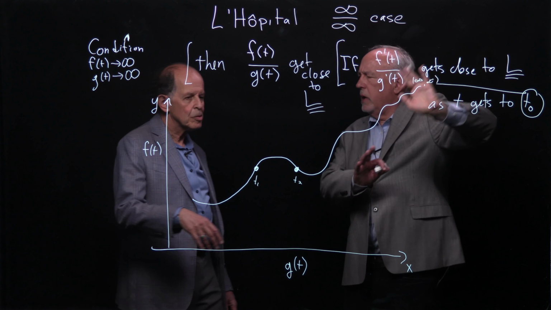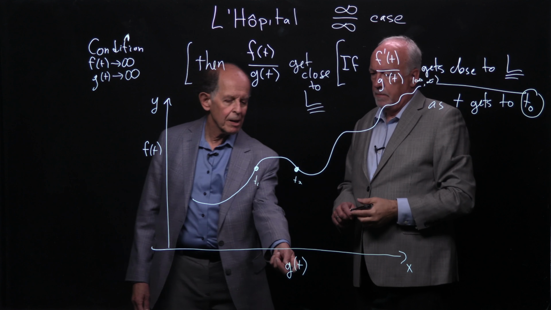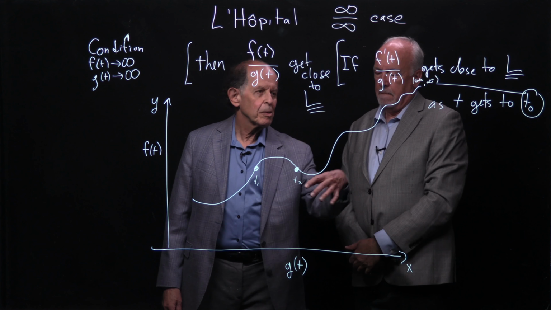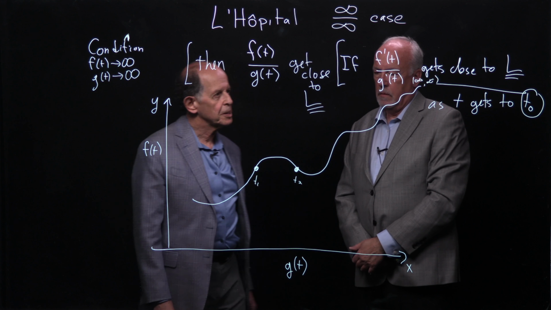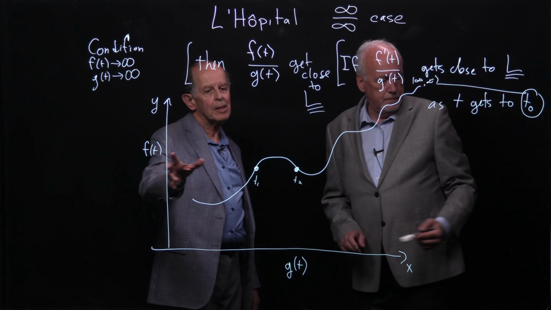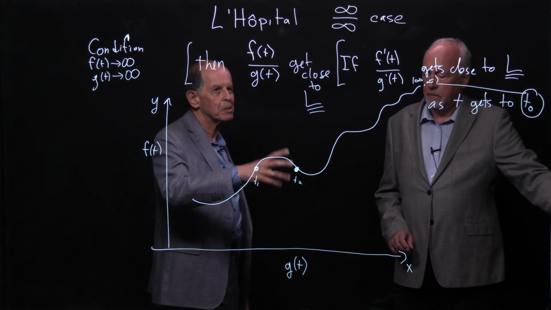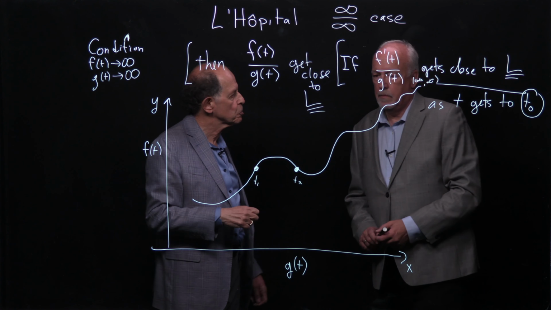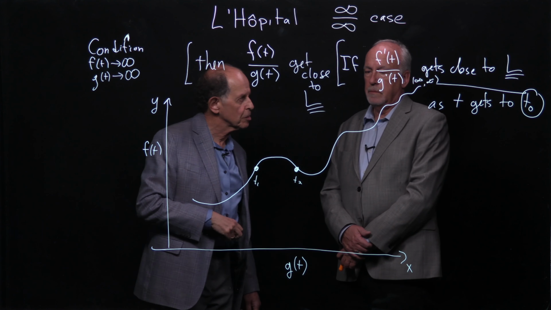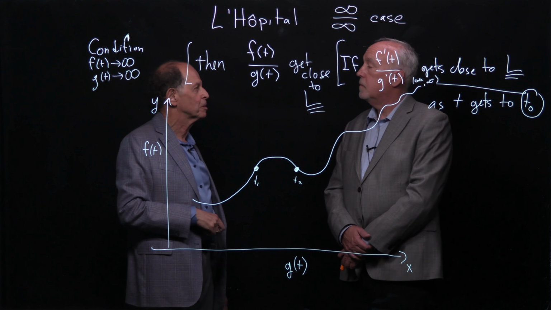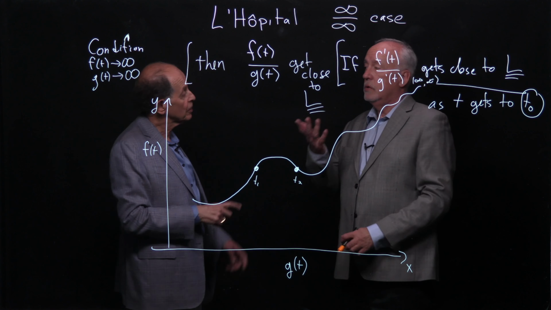So out there, T0 is a value such that we're off to infinity for f and g. In this way, we can parameterize the curve in such a way that we can deal with the ratio. We've done this before in discussing the Cauchy mean value theorem. We're going to use the same idea.